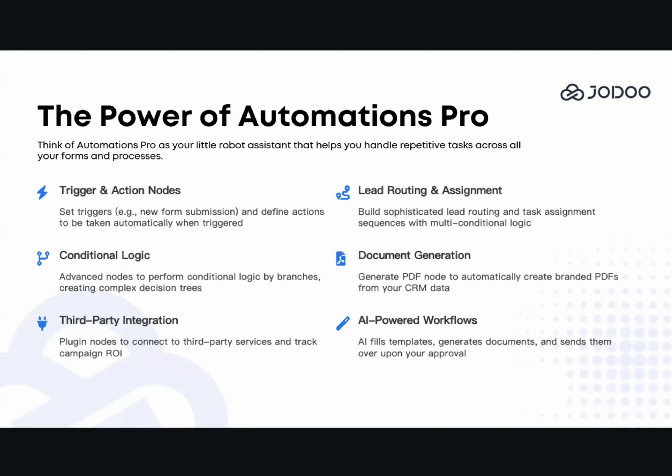You can think of it as a little robot assistant that helps you handle repetitive work across all your forms and processes. And in the automations, we have trigger nodes and action nodes. You can set a trigger for the automation. For example, someone makes a new submission, like what I did in the payment recipient form. This is an action you can define as a trigger.